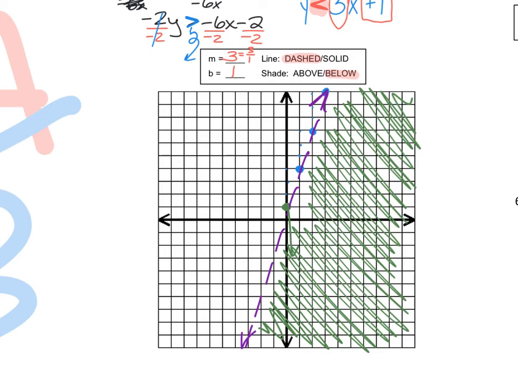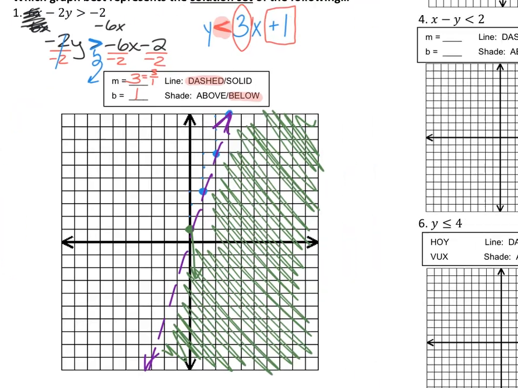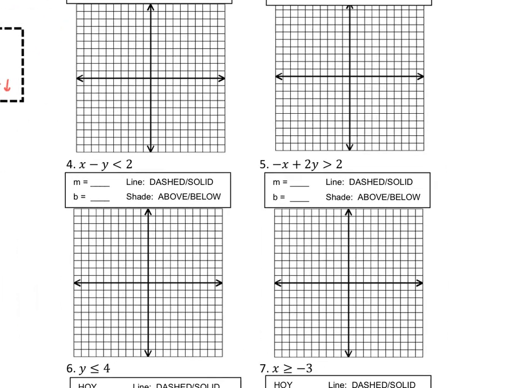How about this one? No. Why is that one not? It's on the dashed line. Okay, what about this one? No. What about this one? Yes. What about this one? No. Okay, I think we get the game, right?